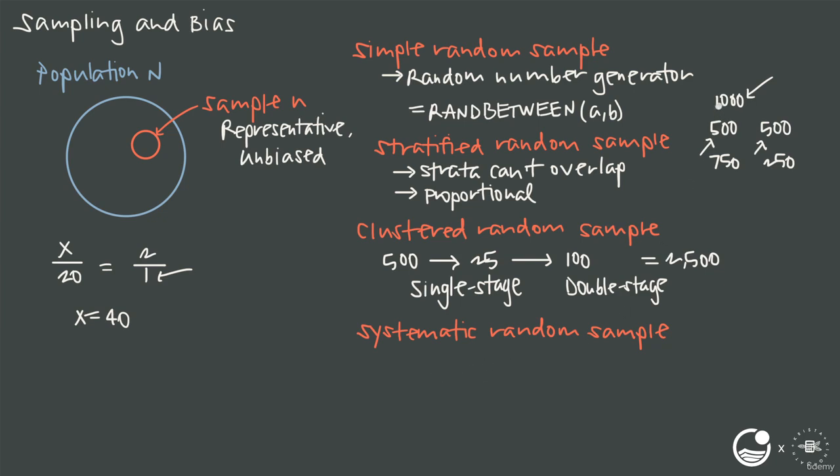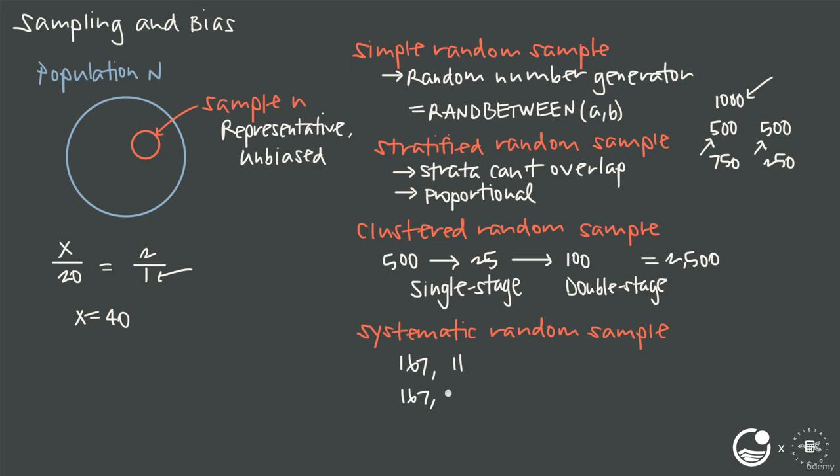So again, let's say we have our 1,000 employee population at our company. We assign each of them a number 1 through 1,000, and then we use a random number generator to choose, let's say, the number 167, and then also the number 11. Then to build our sample, we would start with employee number 167, and then we would just add 11 every time to this previous number to get the next member of the sample.